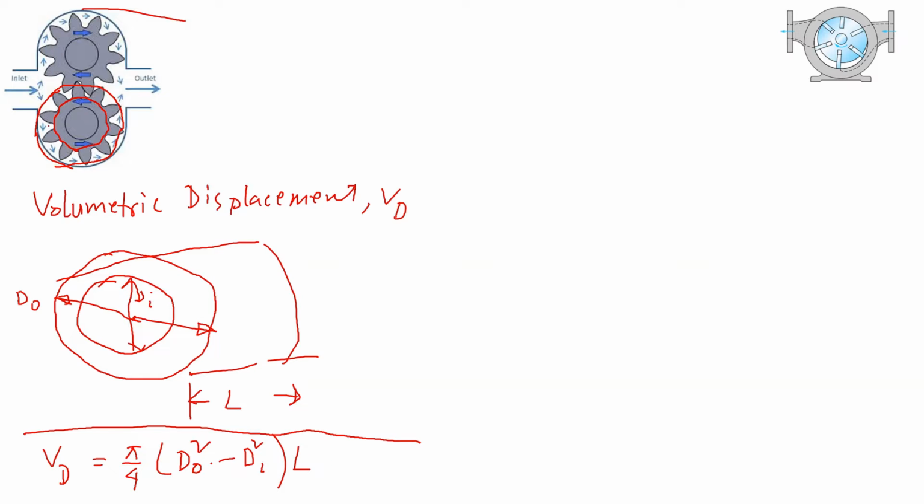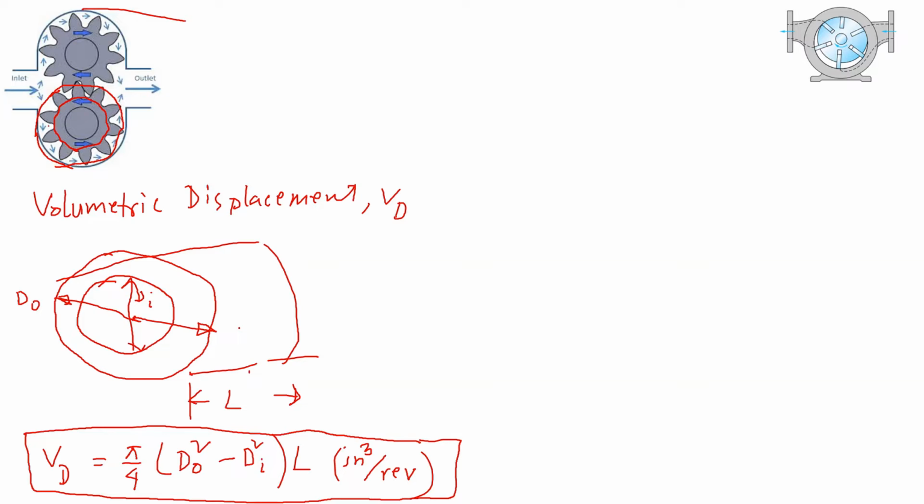If it's in inches, this is inch square and this is inch, so the unit will be inch cube per rev. Every revolution there will be about pi by 4 times outer diameter square minus inner diameter square times length.